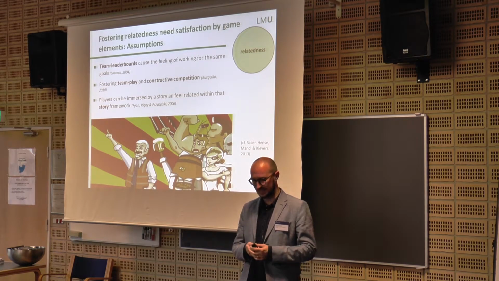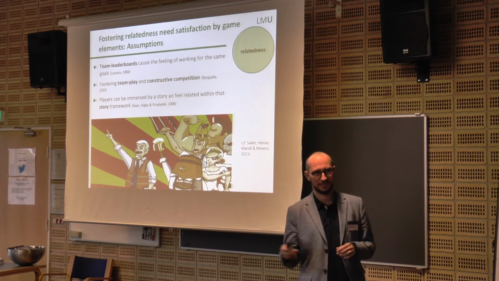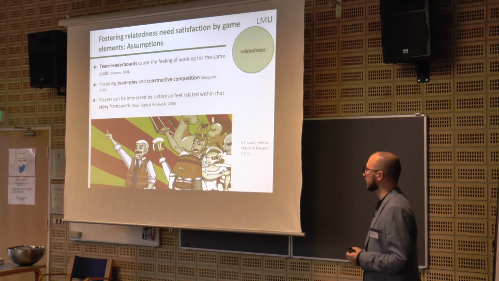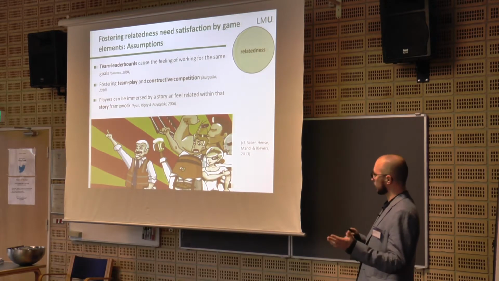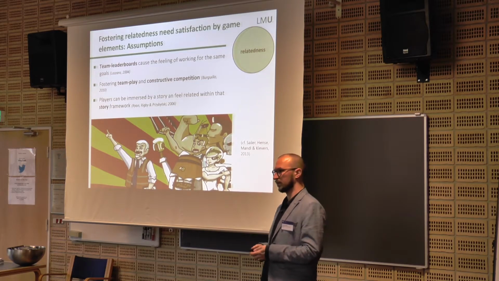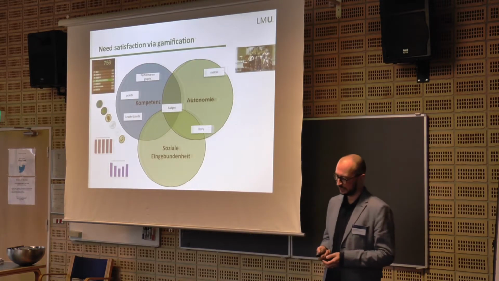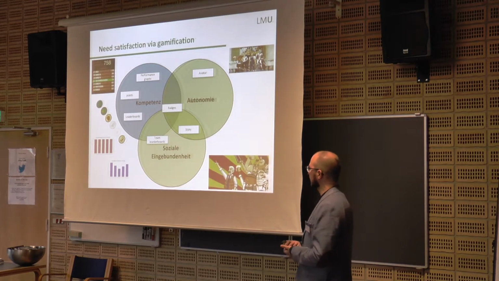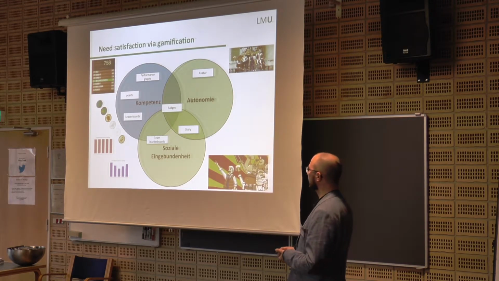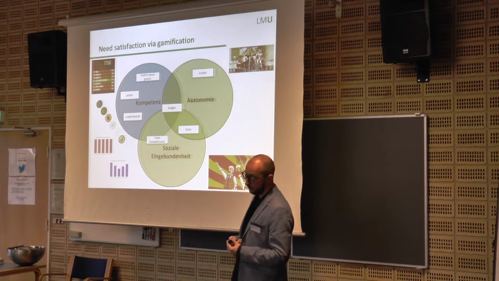And exactly the same thing applies as for autonomy: you can also feel related within a story framework. That's also a way of fostering social relatedness. So in the end, you get the different needs, and you get different elements which could foster them.